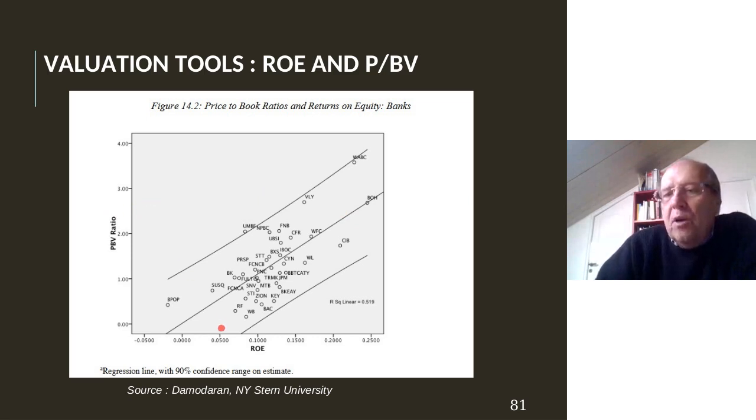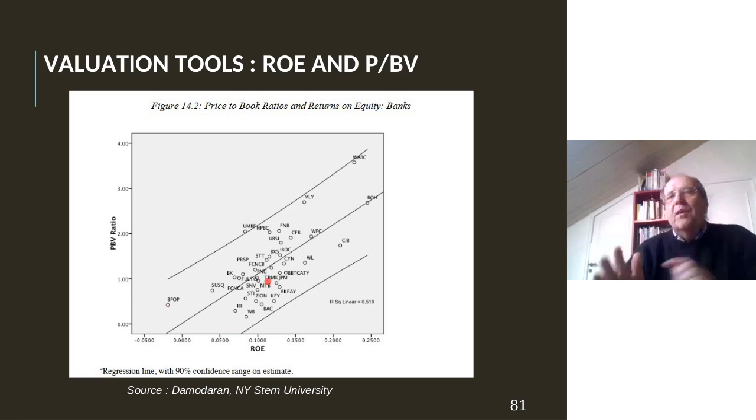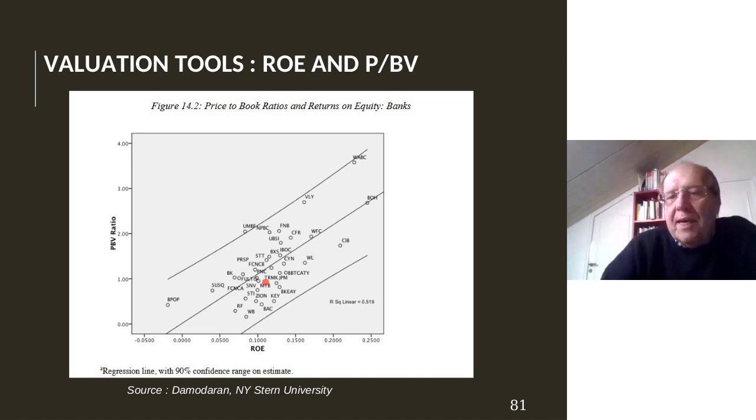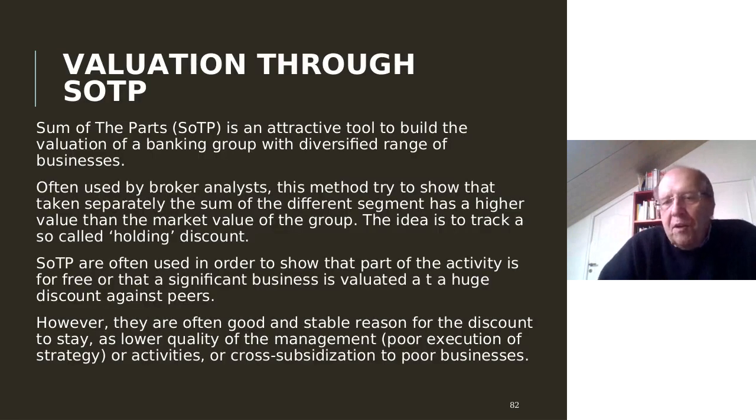If your return is that, your price should be that. So this mapping is often used by investors to say, okay, you are a bank with a return on equity of that, your valuation on the market should be that. You should not use that as strictly as an indicator, but it could be useful to look at.